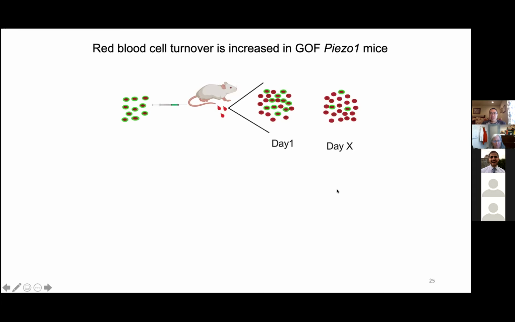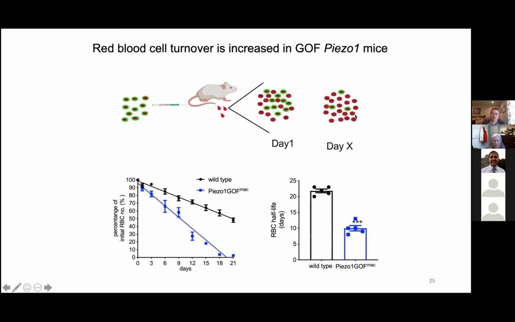As expected, the number of fluorescently labeled red blood cells declines because they are phagocytosed by the macrophages. But what I observed is quite remarkable: in the gain of function PAS1 animals, the turnover rate of these fluorescently labeled red blood cells is significantly increased compared to the wild type, suggesting that red blood cell turnover is increased in this animal.